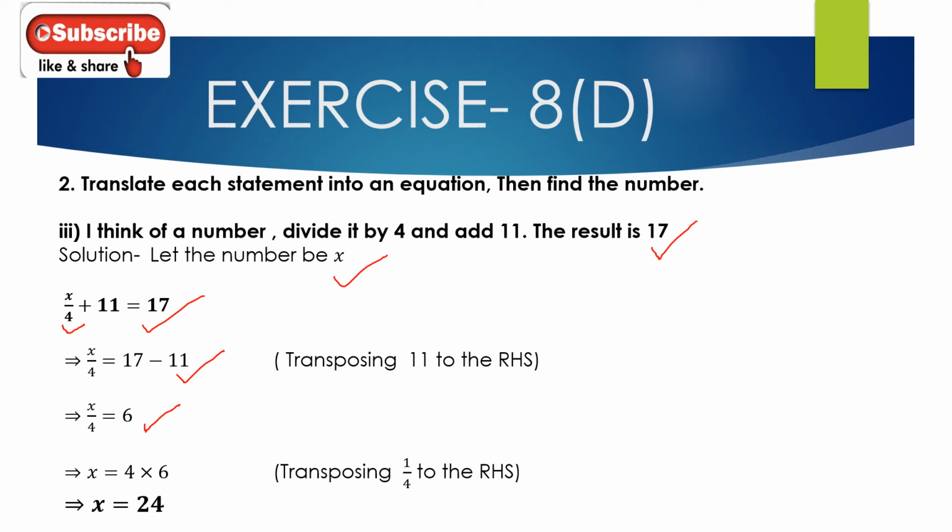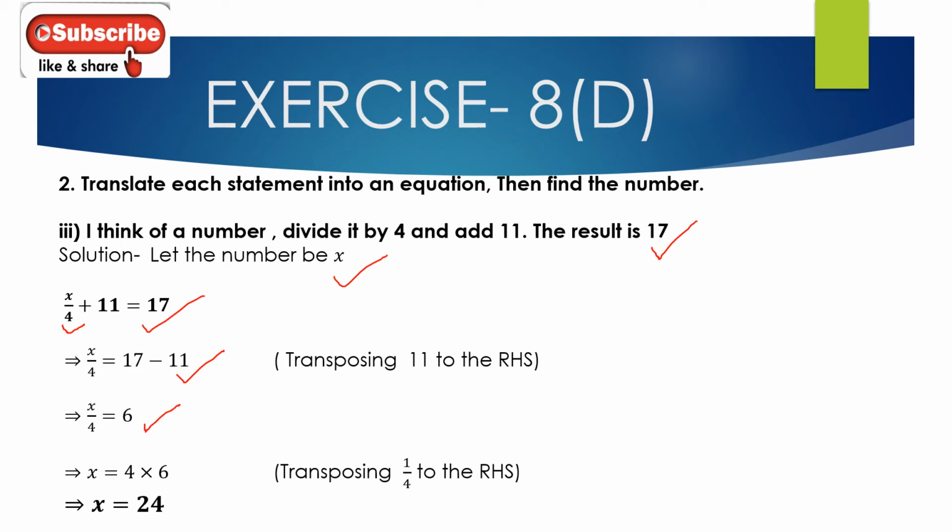So x divided by 4 equal to 6. Now this division by 4 is transposed to the right hand side, and the division symbol changes to multiplication.